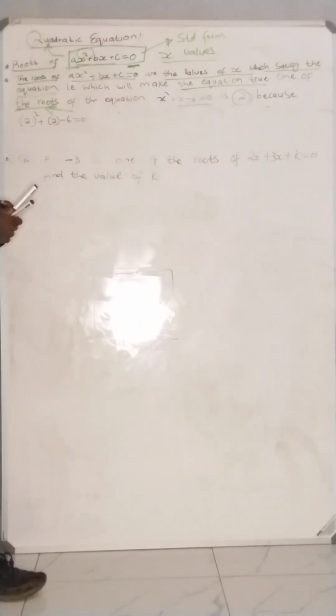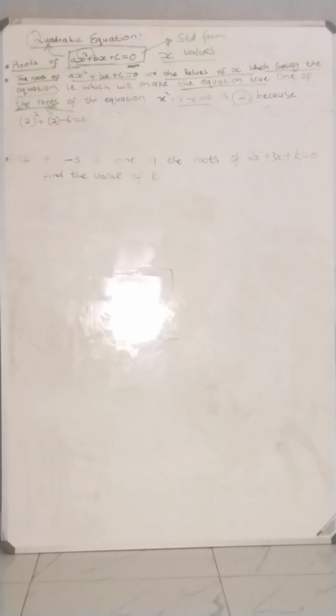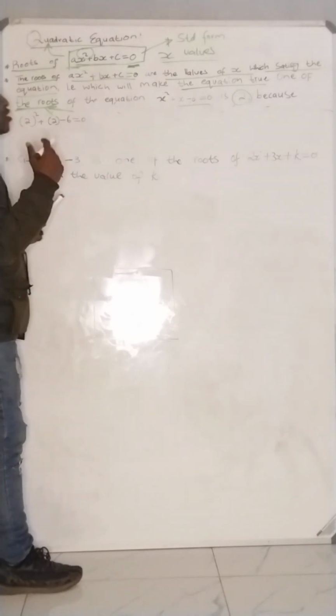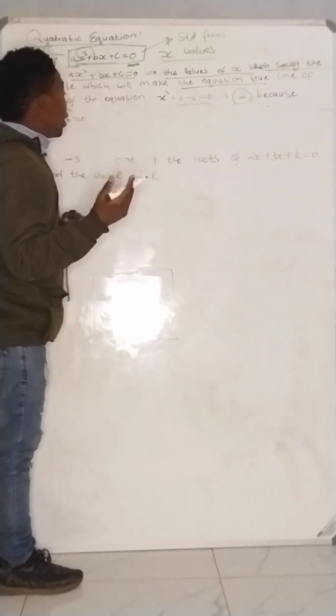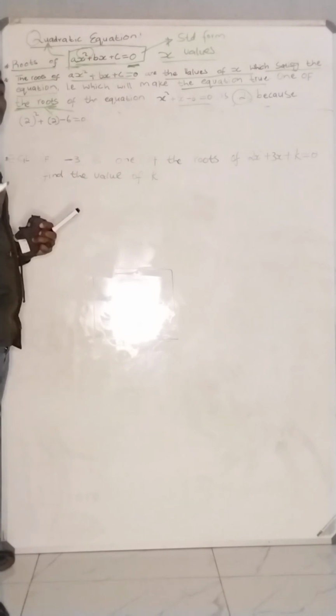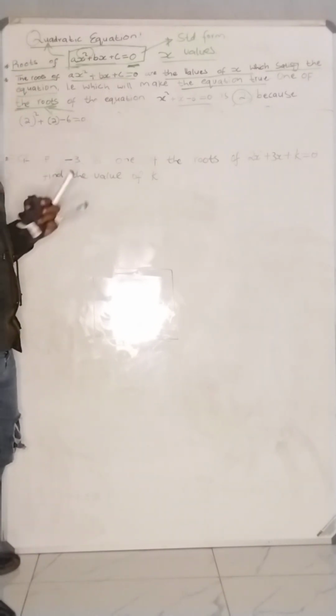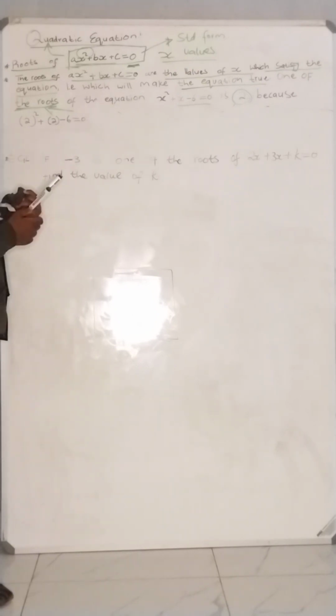There are 2 ways of factorizing or finding the roots for a quadratic equation. You can simply factorize, and the second method is using the quadratic formula, if you don't want to crack your head and you just want to get to the chase.